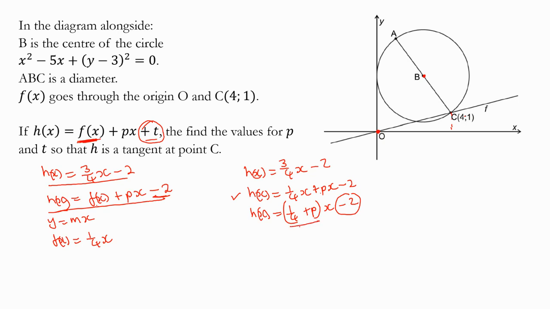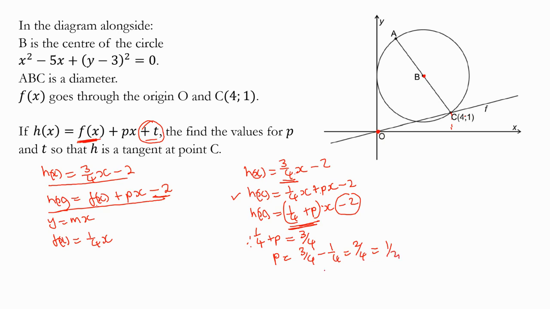This 1 over 4 plus p is equal to 3 over 4, the coefficient of x here and the coefficient of x there. So we can solve for p: p is equal to 3 over 4 minus 1 over 4, which is 2 over 4, and that reduces to 1 over 2.